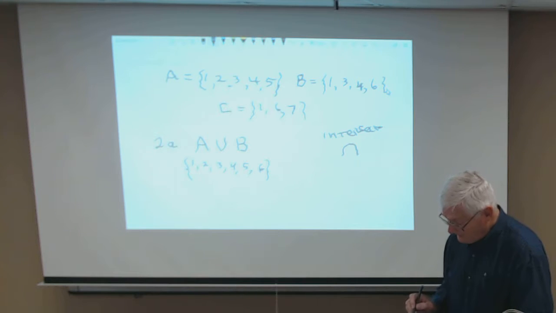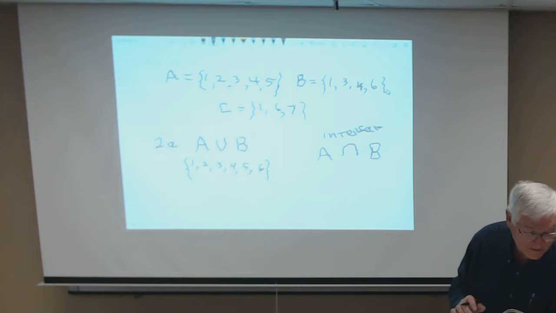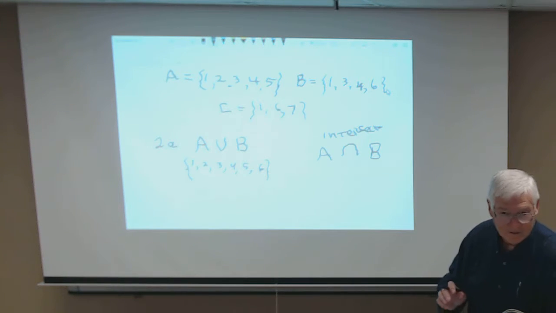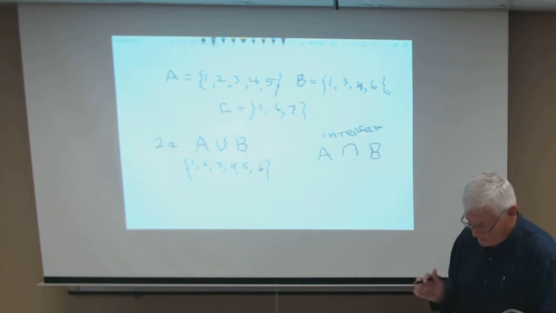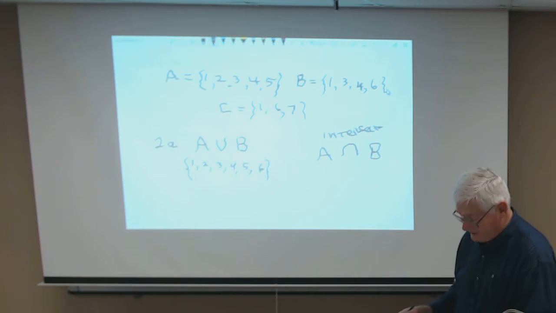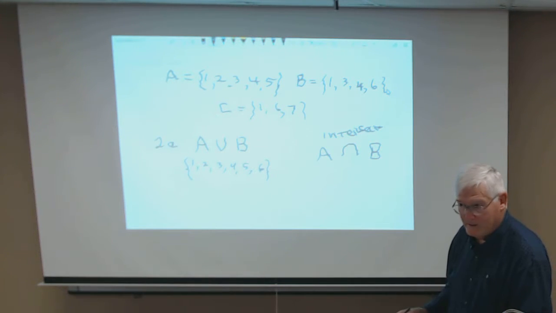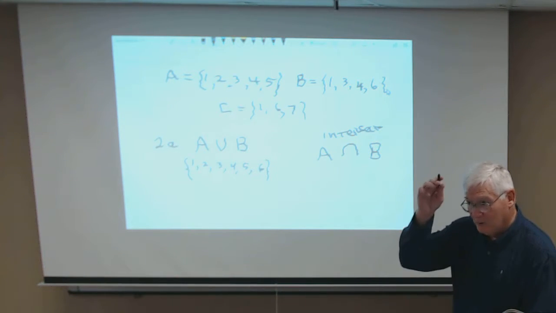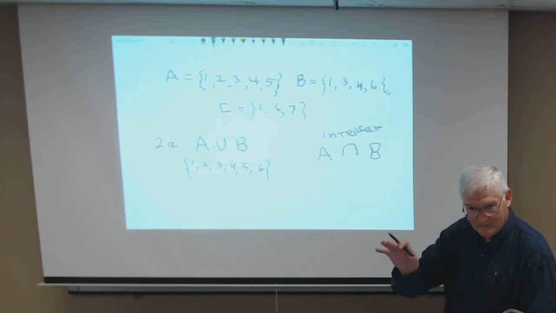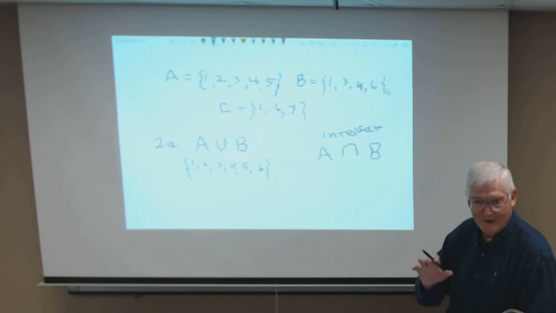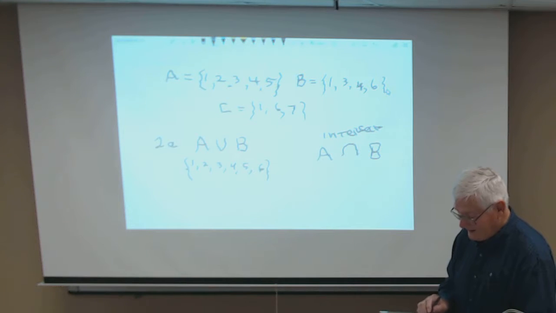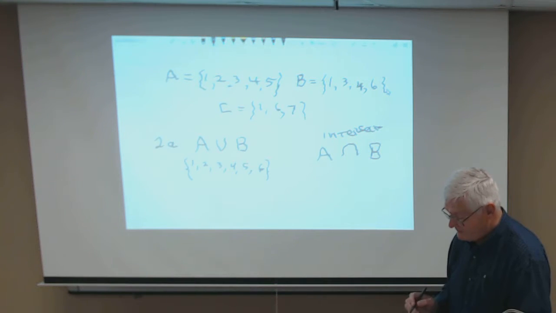So what if it said A intersect B? That's not there, but it should be. So let's just put it in there and work it for problem 2. What do you think that would be? An intersection is where two roads have the same pavement in both of them. So what's in A that's also in B? 1, 3, 4.